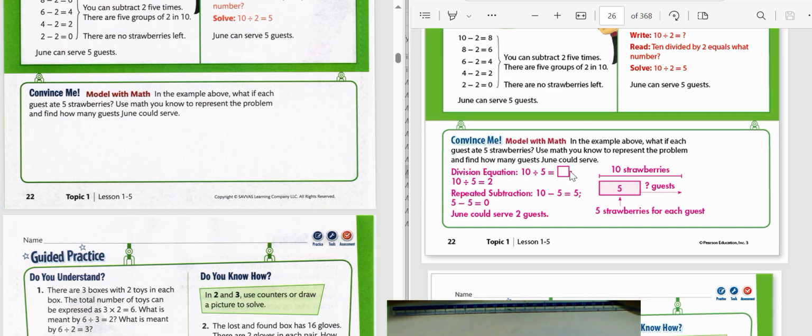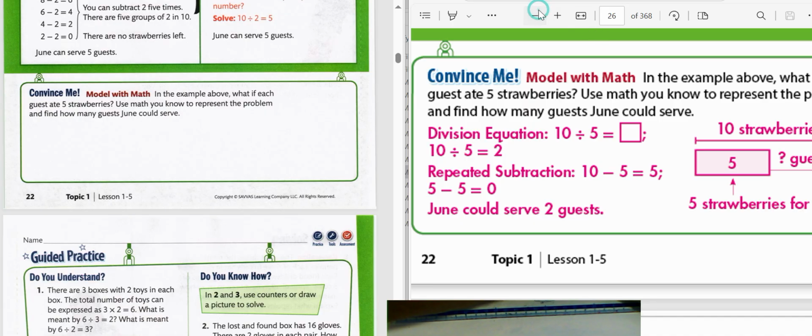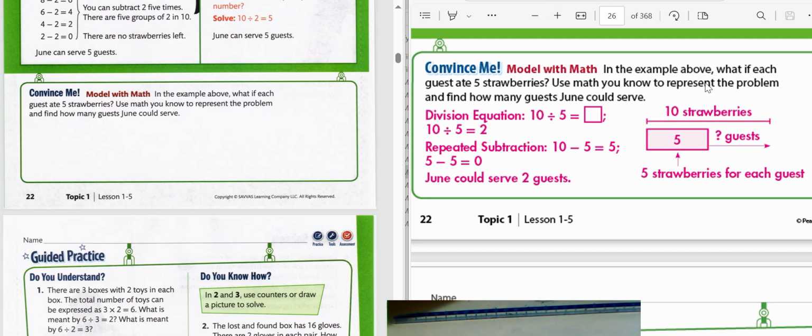Now we can write this answer. It's a new question on page number 22. What does it ask? This example, model math here. What if each guest eats 5 strawberries? Use counters or math to represent the problem and find how many guests June could serve. We can use division.